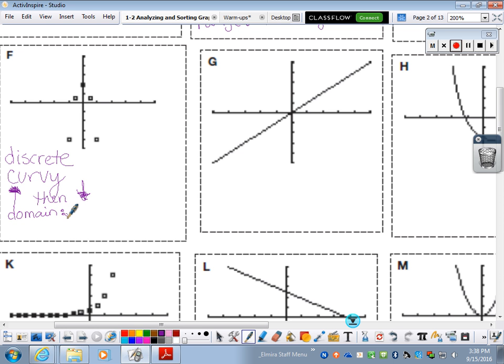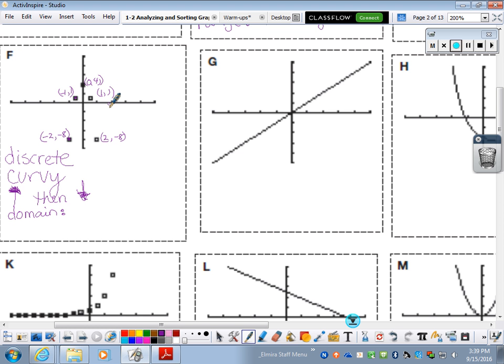Domain in a discrete graph, if this is just all the data that there is and it does not go on and on forever in both directions, the domain would be listing all the x values for each point. So for example, the coordinates of this point is -2, -8. This one is +2, -8. This is -1, 1. This is 0, 4. And this is +1, 1.